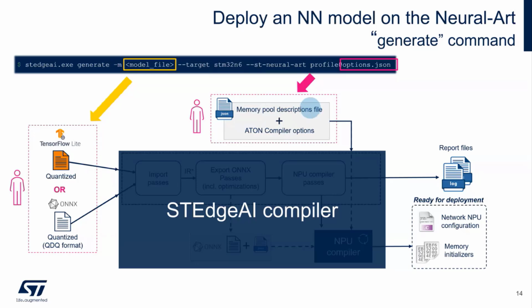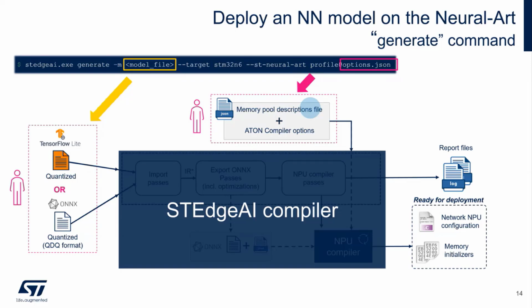So to the ST compiler, you will provide a quantized model and a list of memory areas that are available that it can use to create the epochs, because you may want to save some memory for other purposes.